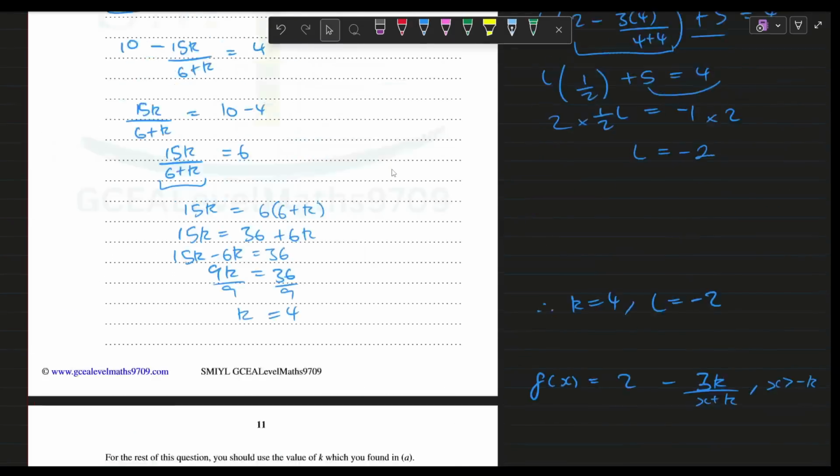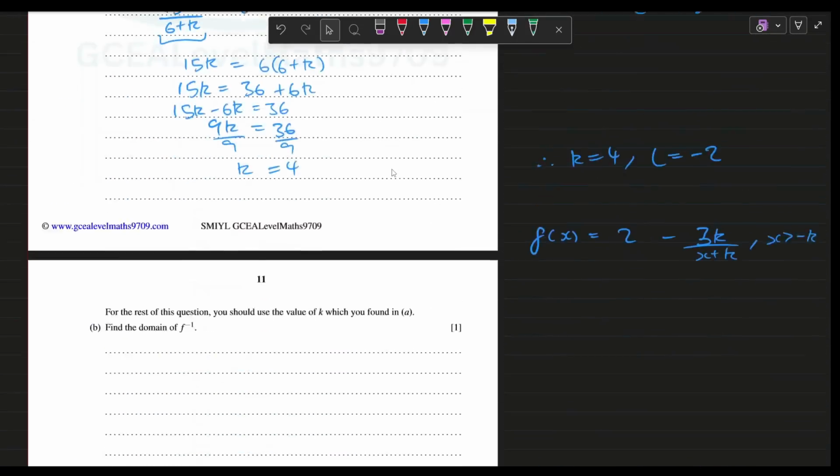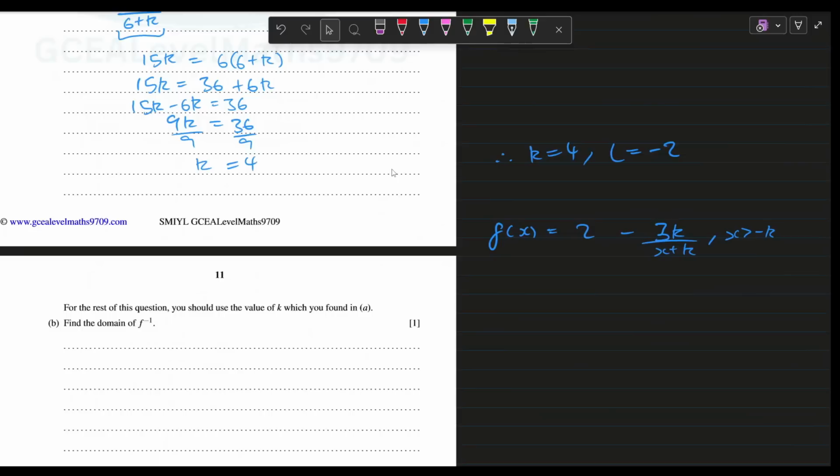So what this means is that k is 4, so we can write f of x as 2 minus 3 times 4, so 12 over x plus 4, for x is greater than negative 4.